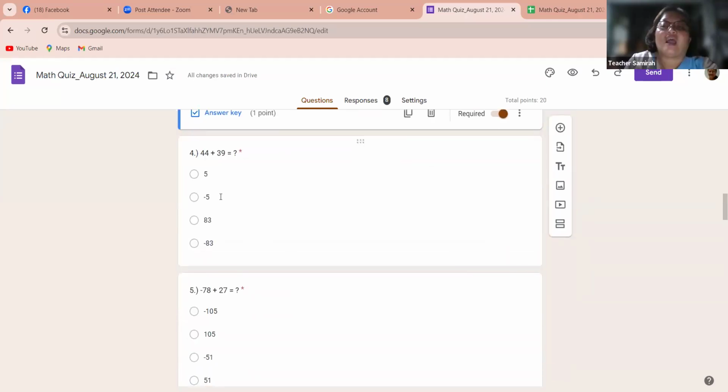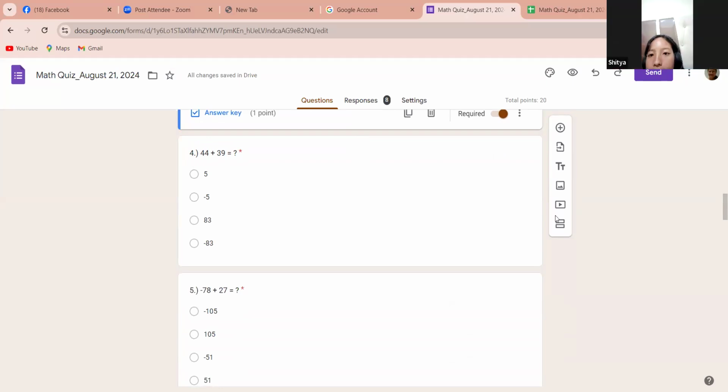Okay, next. What do you notice about the two integers? Do they have the same sign? What is the sign? 44 plus 39. What is the sign of 44 and 39?